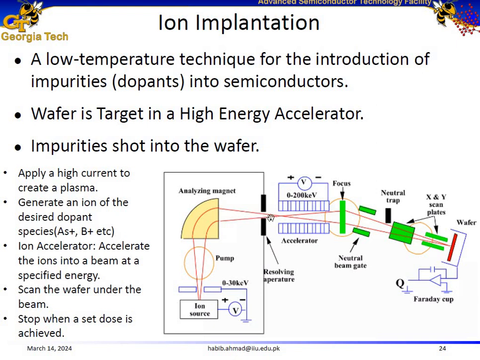And after the analyzing magnet, we pass the intended ions through an accelerator to increase their energy levels, and then we focus them and they get scanned onto the wafer, which is held by a Faraday cup, attracting these ions towards the surface of the wafer.